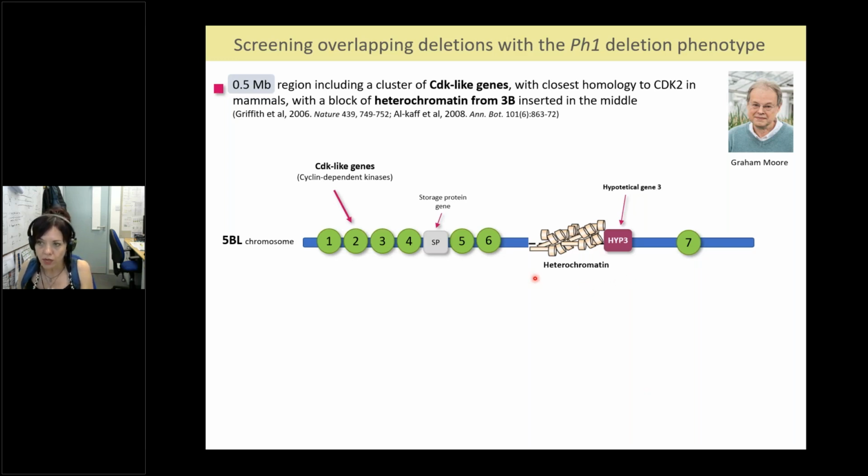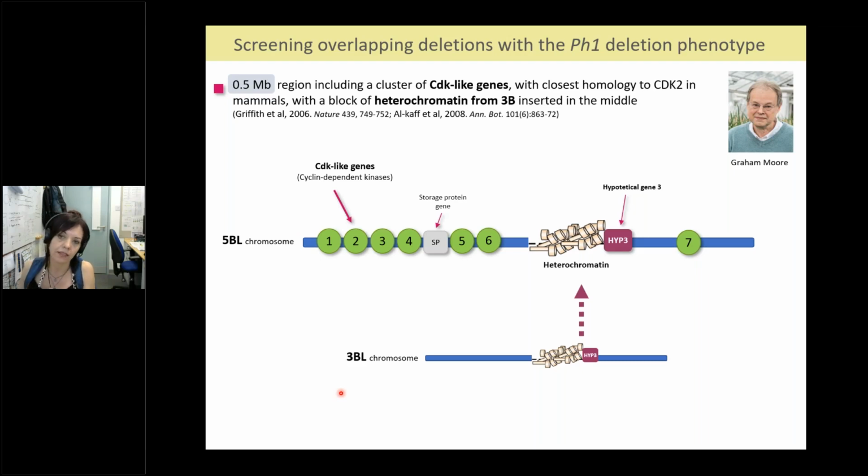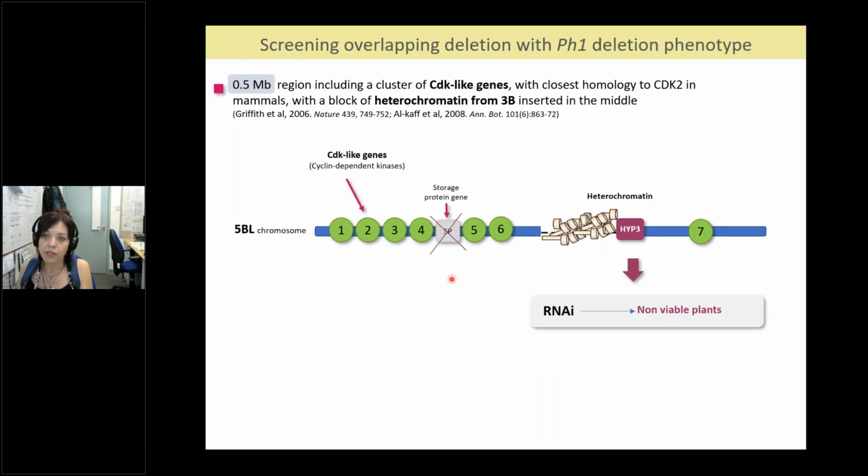This gene was next to a segment of heterochromatin, and the whole block was a duplication from chromosome 3B that had inserted into the middle of the CDK cluster. The SPG was ignored because it didn't seem to have anything to do with meiosis. As for Hype3, they used RNA interference to try to silence this gene, but none of the transformed plants were viable.